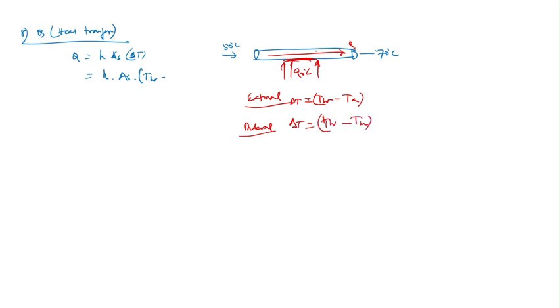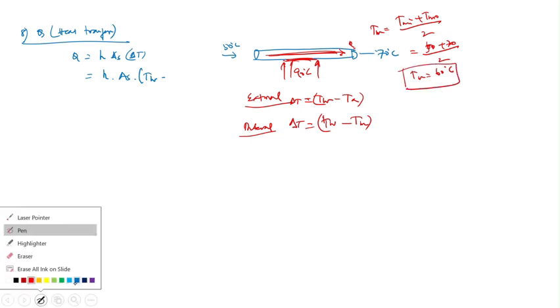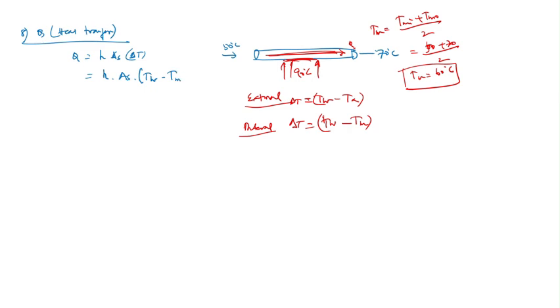What is the bulk mean temperature? Tm is equal to (Tm_i plus Tm_o) divided by 2, which is 50 plus 70 divided by 2. So Tm is equal to 60 degrees Celsius. So delta T is T_w minus Tm.